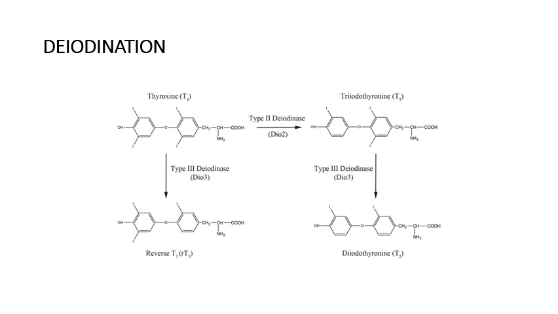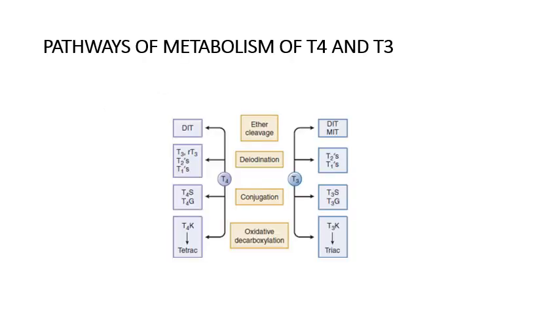So this is the process by which T4 gets converted into T3 and T3 gets metabolized into inactive substances. We saw that deiodination is a process by which we get biologically active T3 from T4, and also it is a method by which both T4 and T3 are metabolized.